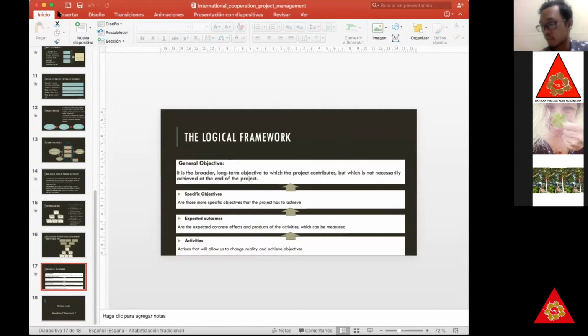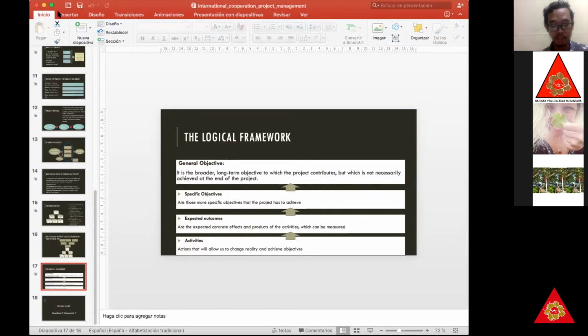Michelle, I want to explain the last presentation. Yes. Go. Ya, jadi yang terakhir itu dia bilang soal kerangka kerja logis, bahwa itu adalah jalan keluar untuk menjelaskan bagaimana penyelesaian masalah yang kita tawarkan.